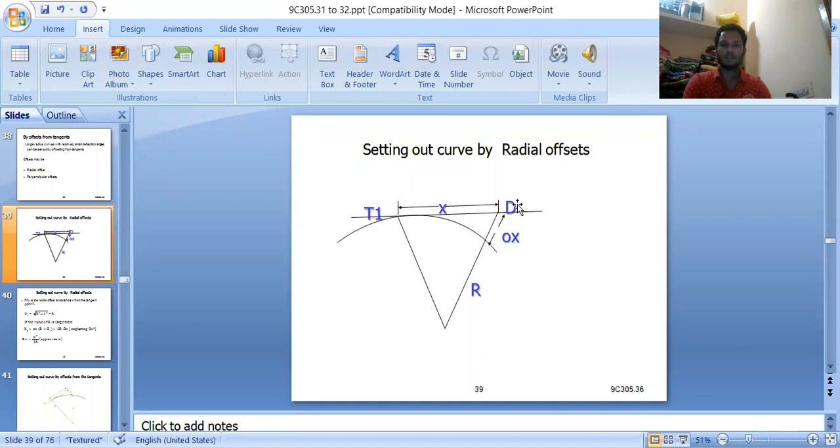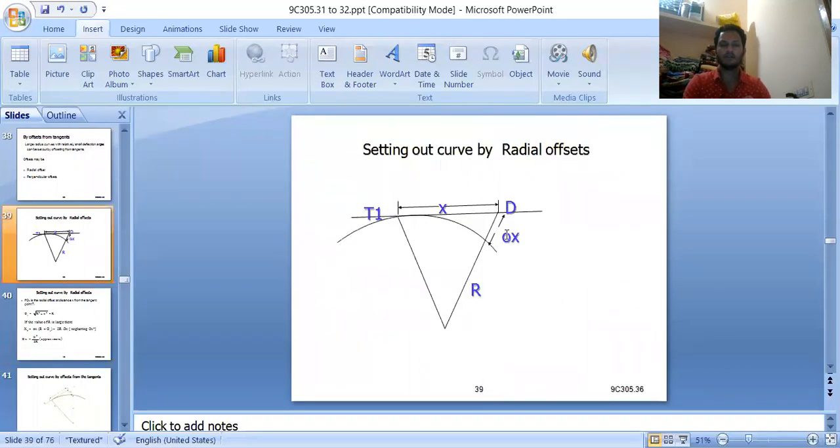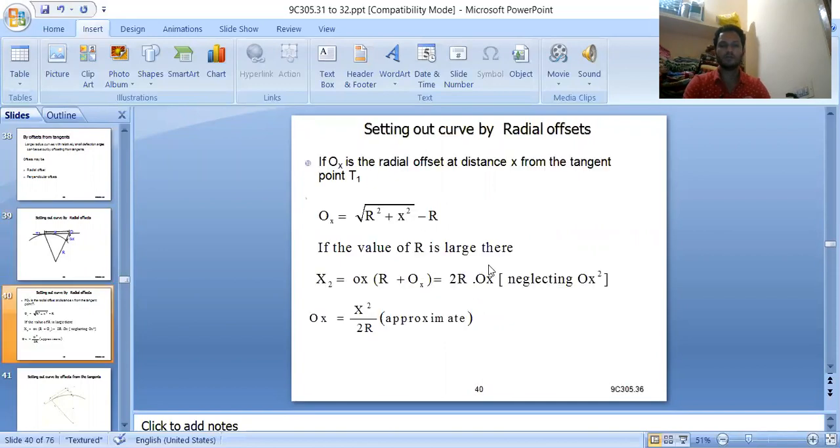Let us say this is the tangent, T1D is the tangent, OX is the ordinate from which it touches the curve. So from this, you can write that OX is the radial offset at a distance x from the tangent point T1. This is the radial offset, which is along the radius of the curve.